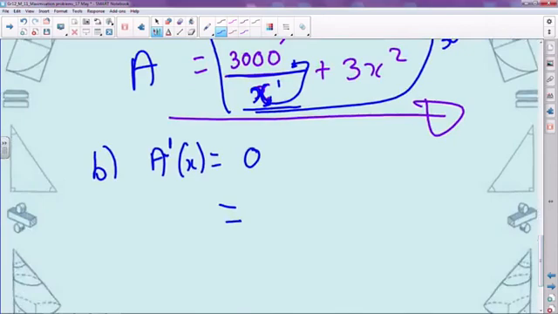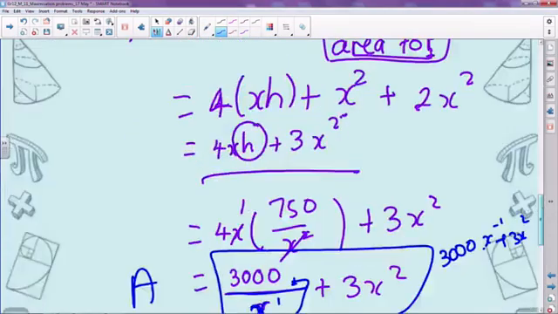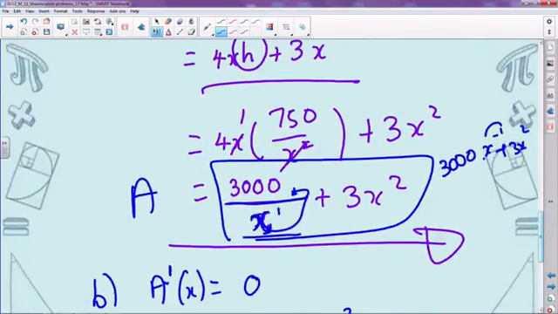To take the derivative of this, I'm going to get minus 3,000 x to the minus 2. What am I doing there? I'm taking the power, the negative 1, multiplying it by the coefficient of 3,000, so it becomes negative 3,000, and from the minus 1, I subtract 1.